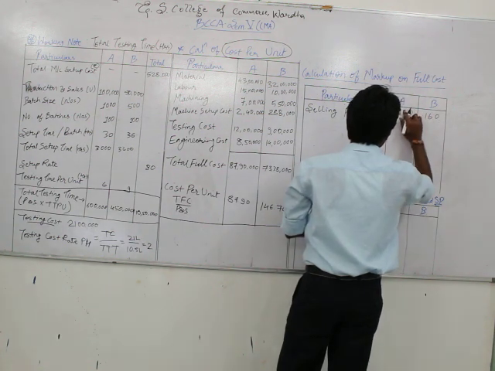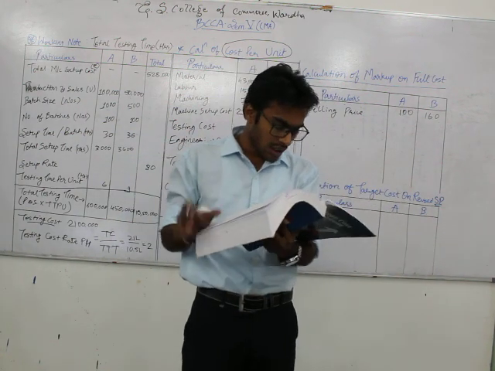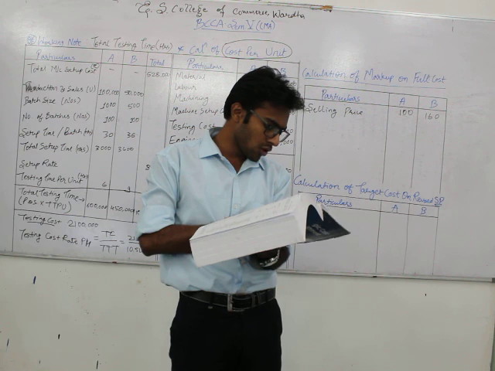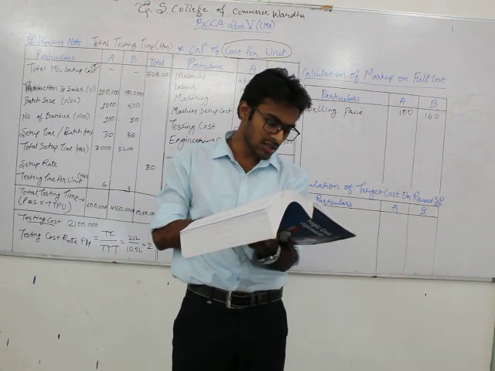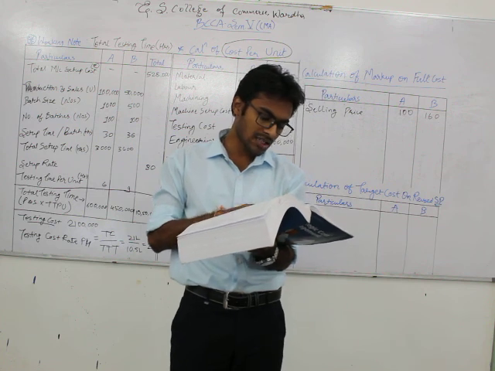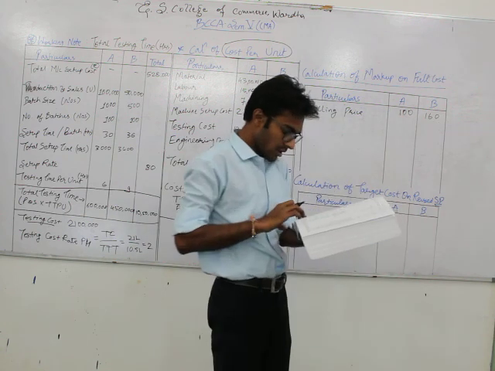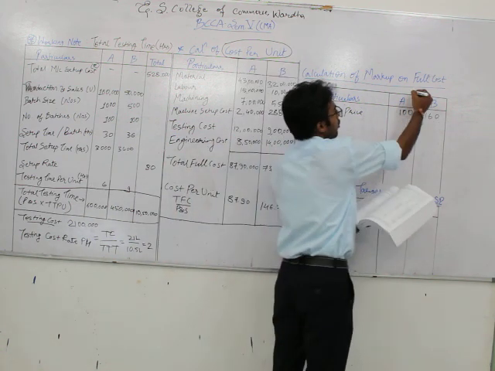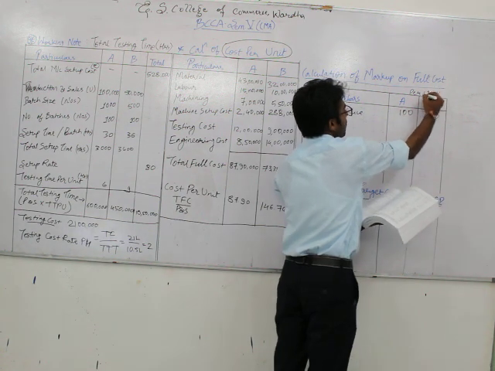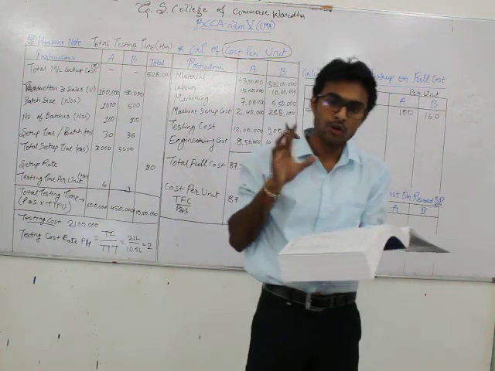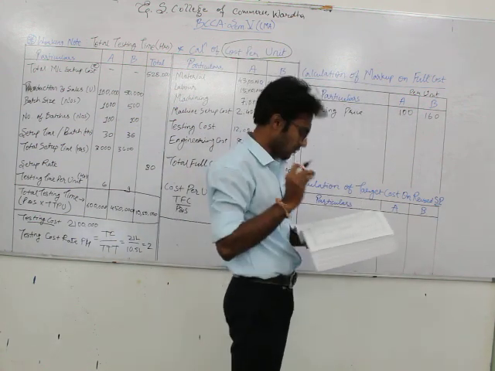And from where I got these amounts, you can find in the starting of the question. Component A, component B, annual production and sale of 1 lakh units at a sale price of 100 per unit. And this is the calculation per unit. Don't jumble your mind with total cost and cost per unit. So this is the cost for 1 unit.